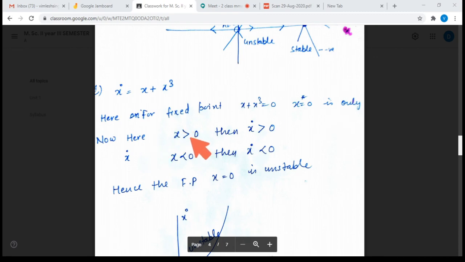Now when x is positive, x greater than 0, then x dot is positive. If x is negative, both terms are negative and x dot is negative. Now plot the figure. What is the nature of x equals 0?